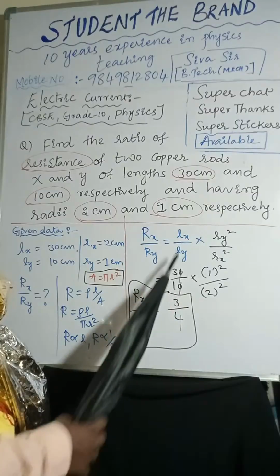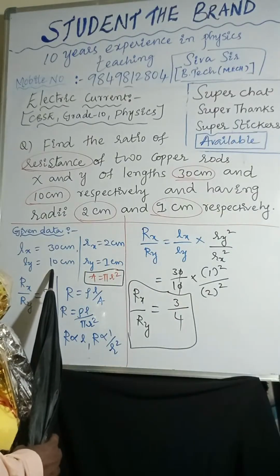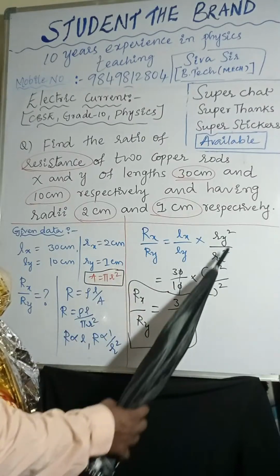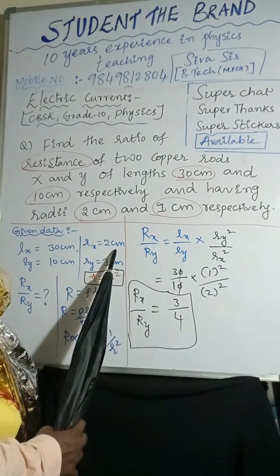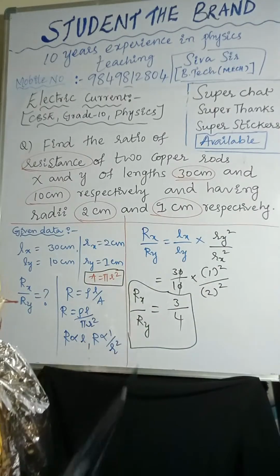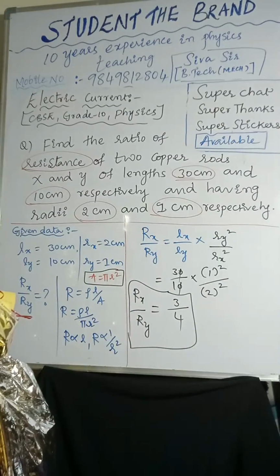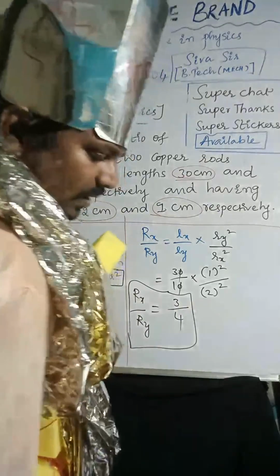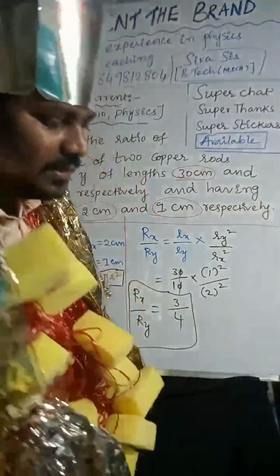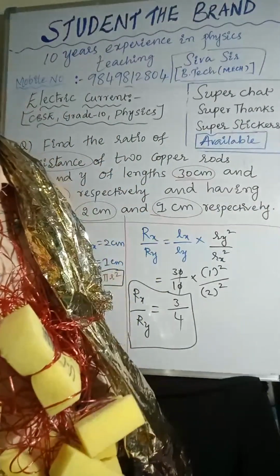So 30 by 10, Lx equal to 30, Ly equal to 10, into Ry equal to 1, Rx equal to 2 centimeters. Anyway, so here 0 and 0 get cancelled, 3 by 4. This is the answer. Okay, so shall we go to the next problem?